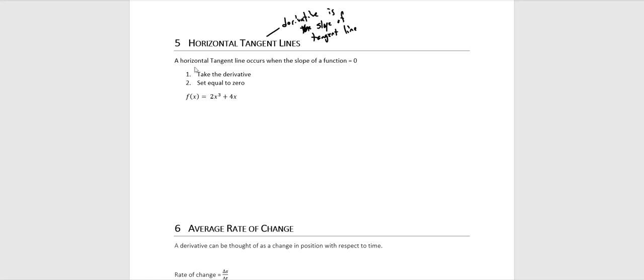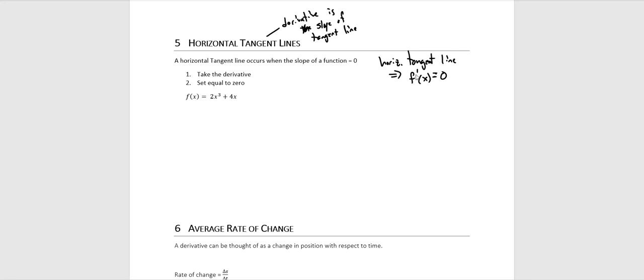If it says horizontal, a horizontal line has a slope of 0. So a horizontal tangent line instantly tells us that the derivative is 0. That's it. Horizontal tangent line. It's a fancy way of saying blah blah blah blah blah blah.